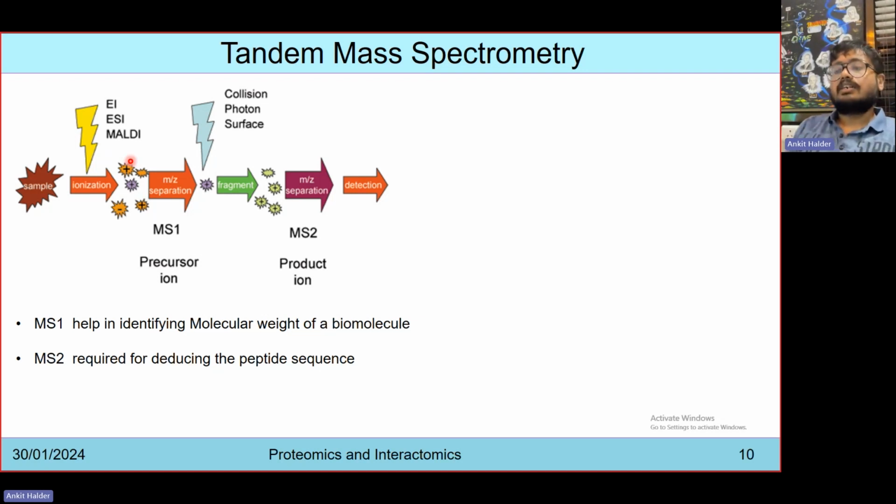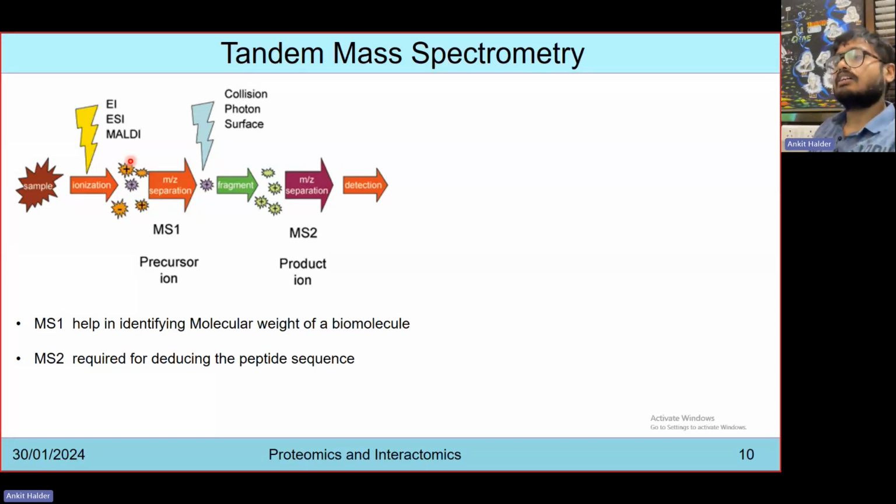But we cannot understand the sequence of that particular peptide, because the molecular weight alone does not let us conclude that this is the molecular weight of this particular peptide, which belongs to this particular protein. So we need to have the peptide sequence.